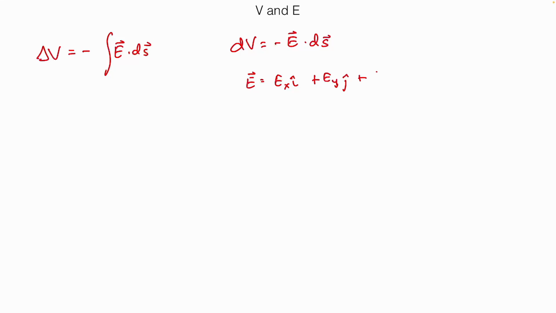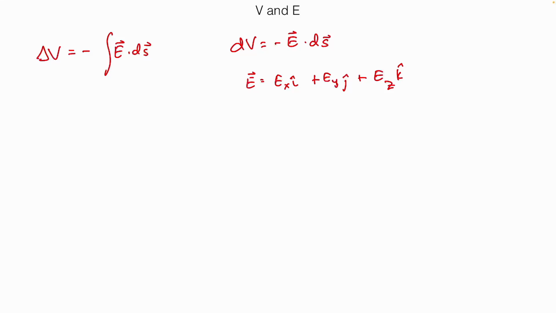And we'll go real general, Ez in the k hat. This is the most generic mathematical electric field I can write down in Cartesian coordinates. I could use different coordinate systems, but we'll stick with Cartesian, okay? And those magnitudes could be positive or negative or whatever, right?